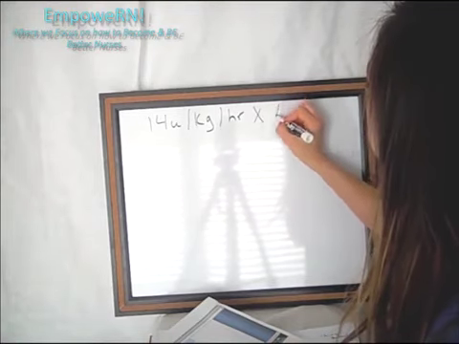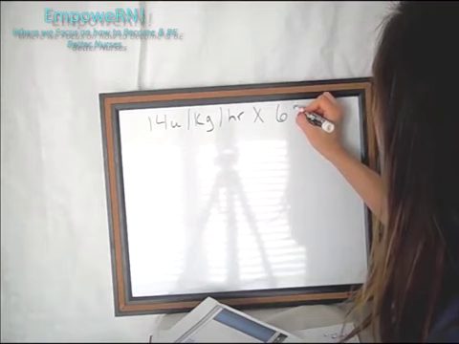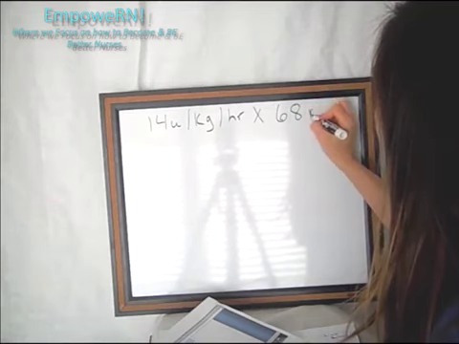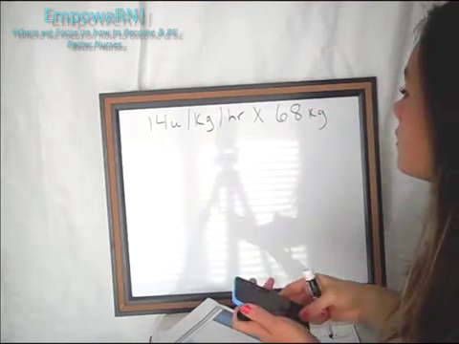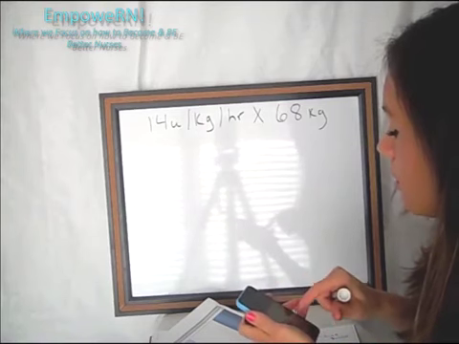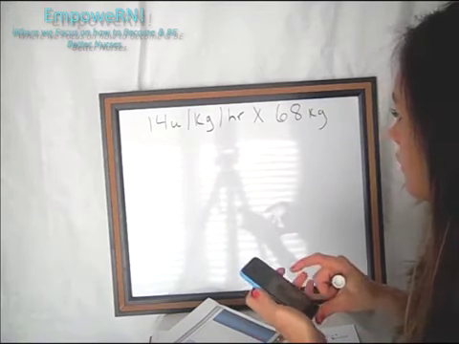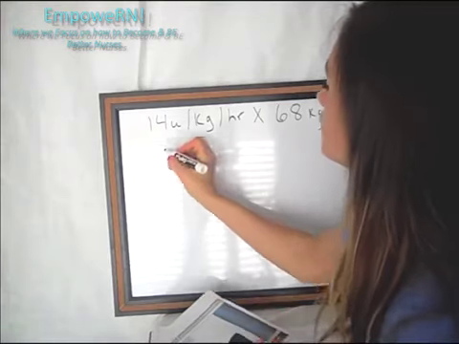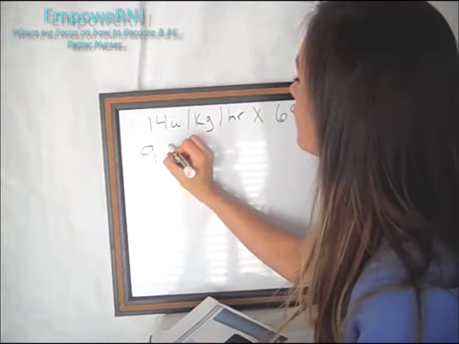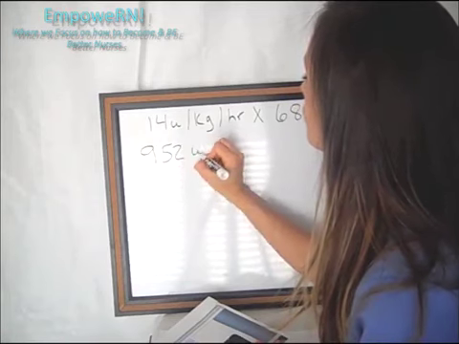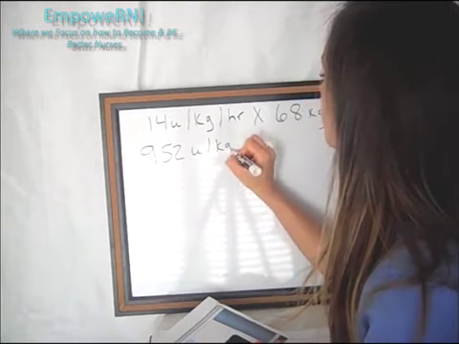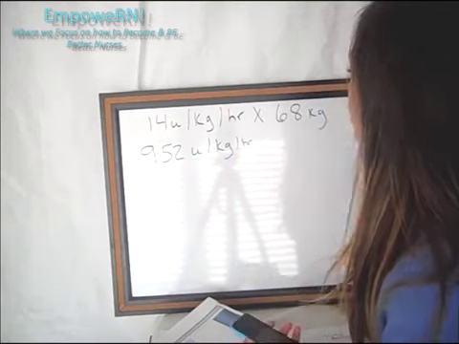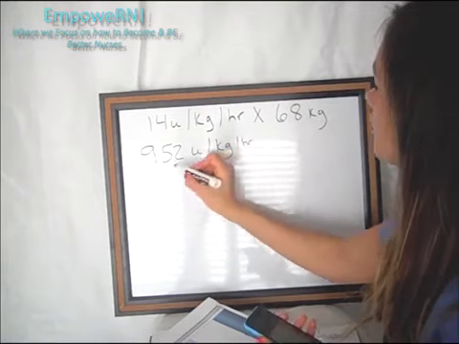So we multiply that by 68 kilograms. And we get 68 times 14 is 952 units per hour. And that is our ordered dose.